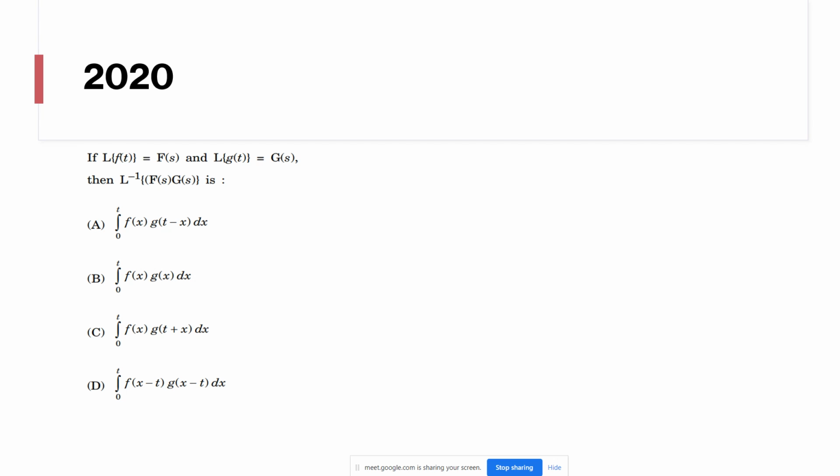Yes. So the correct answer is... The Laplace of f of t is f of s, Laplace of g of t is g of s.